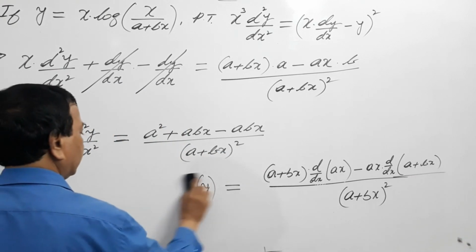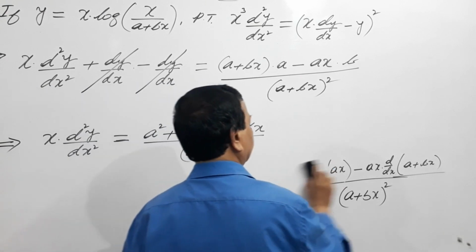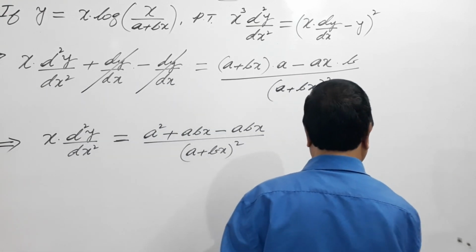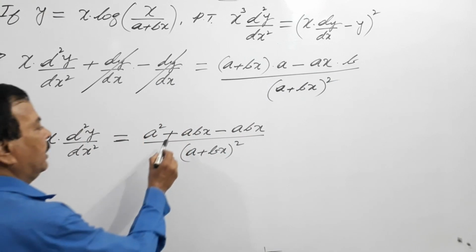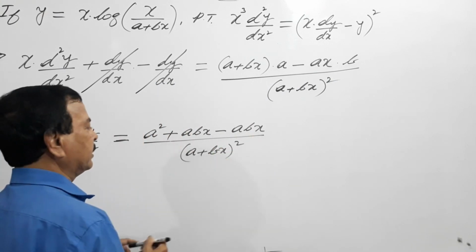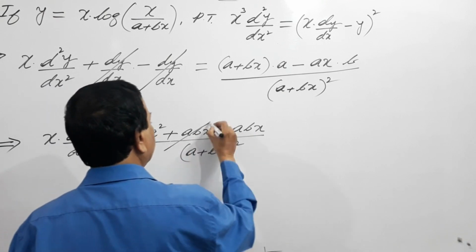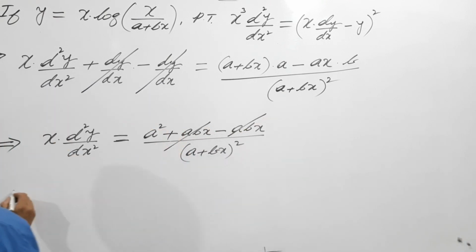I will rub this. So here again you have plus abx and minus abx. So this cancels, this cancels. You are left with what?